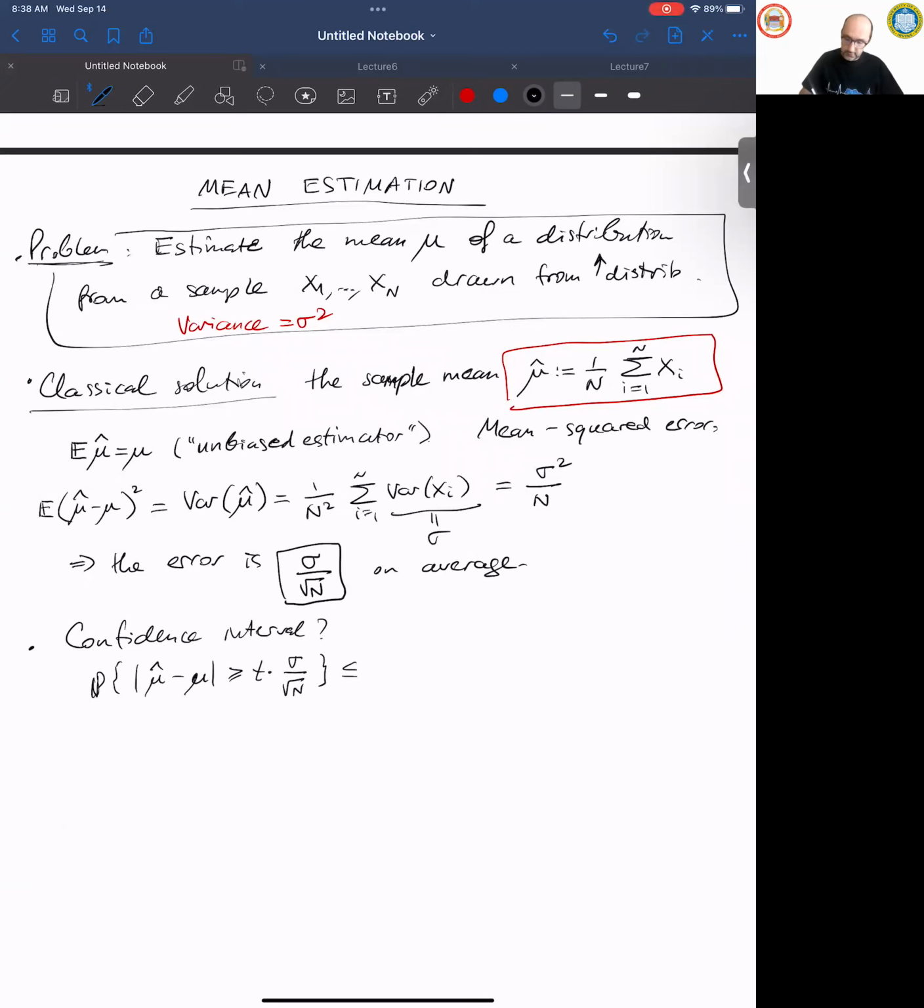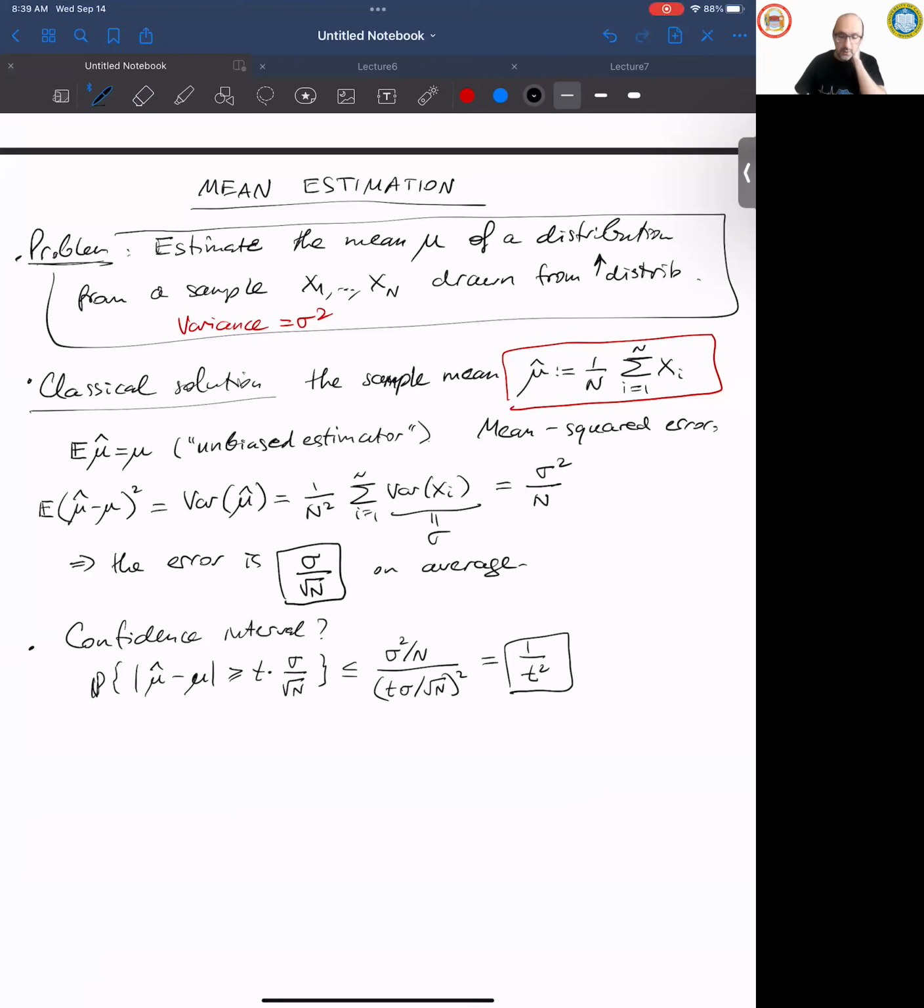Well, Chebyshev's inequality says that you should take the variance here. The variance is sigma squared over n, and divide by the right-hand side squared, and I get 1 over t squared. That's how confident we are.